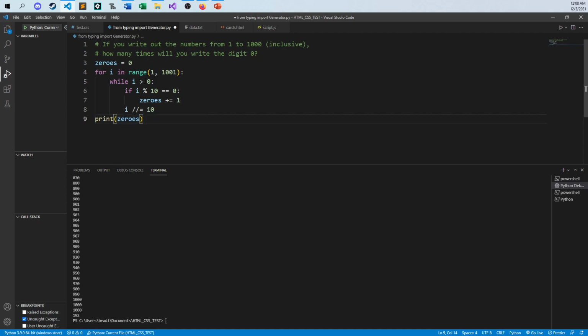So for the number 10, 10 mod 10 gives me a 0, and I increase the count. Then I take 10 and do integer division by 10 to get 1, but 1 is not divisible by 10, so I don't increase anything. And then my 1 becomes a 0, and I fall out of the loop, and I continue. That pretty much is the entire thing as far as my understanding goes.